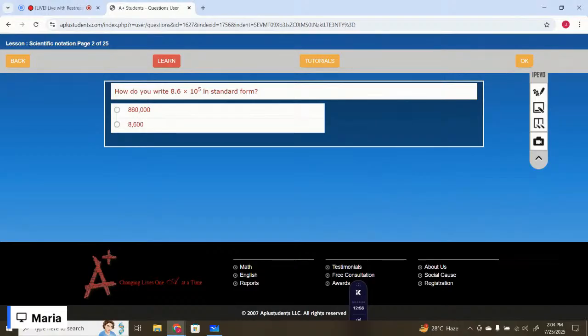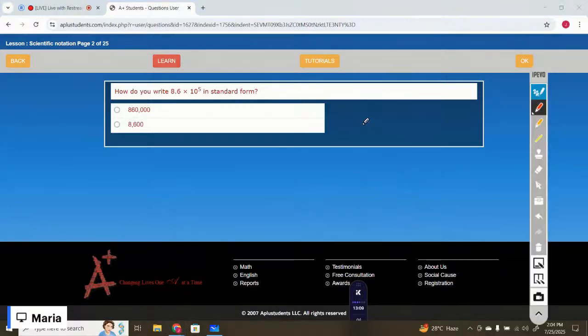How do you write 8.6 times 10 exponent 5 in standard form? So we need to move the decimal 5 places right. 1, 2, 3, 4, 5. So you need to move the decimal point from here to here.